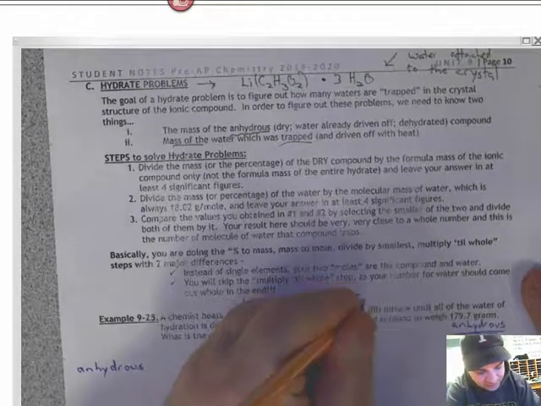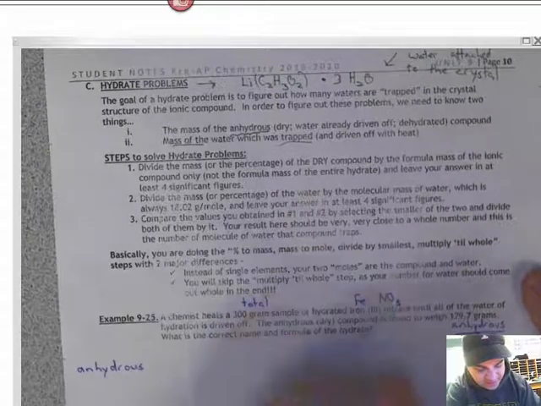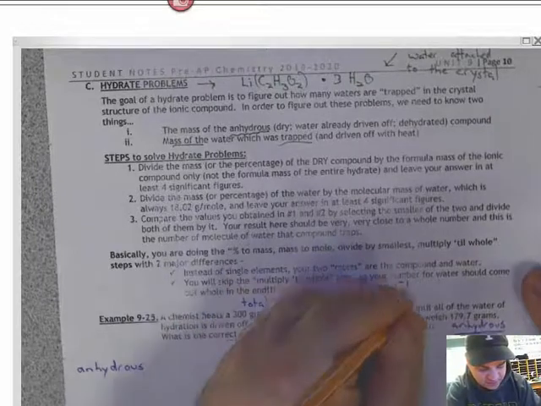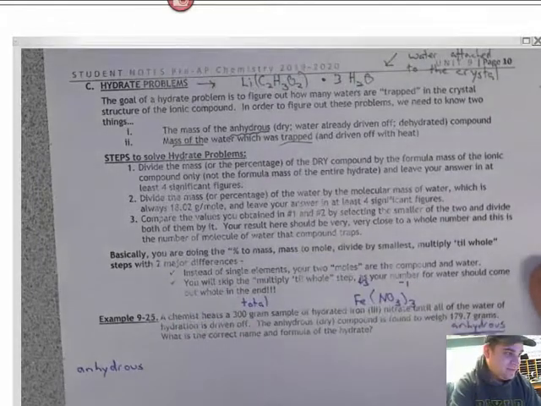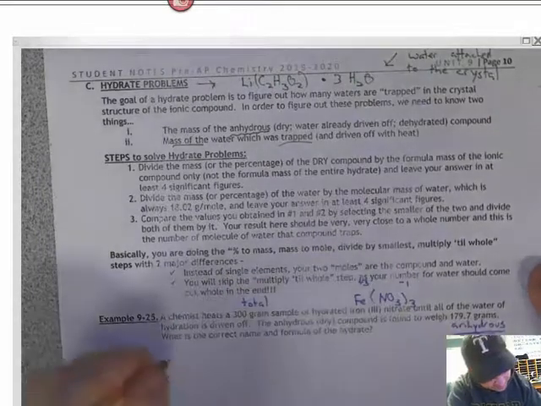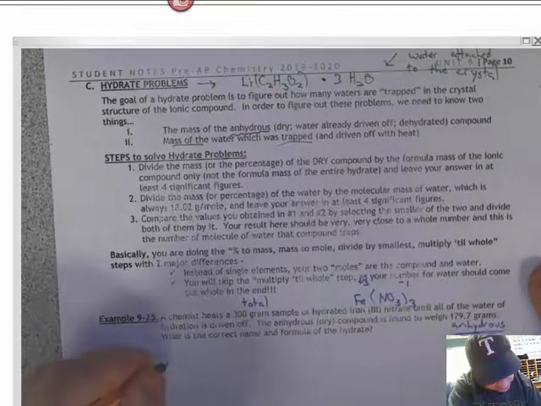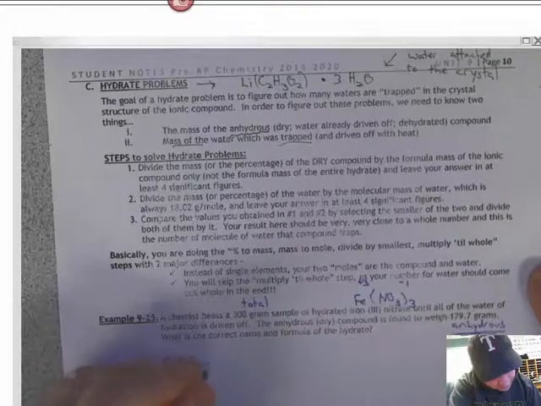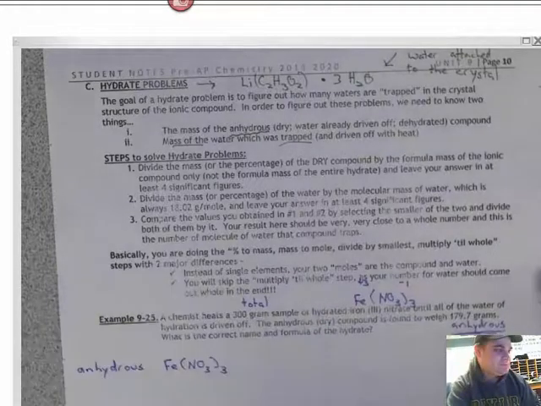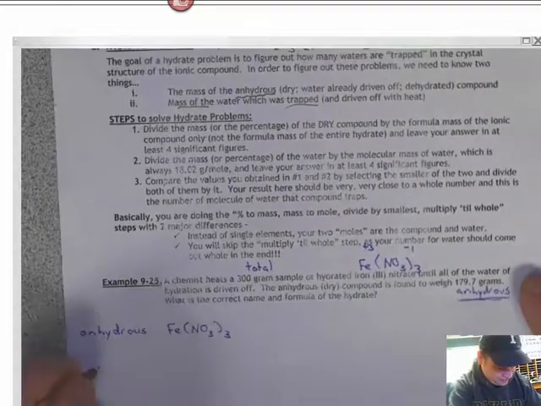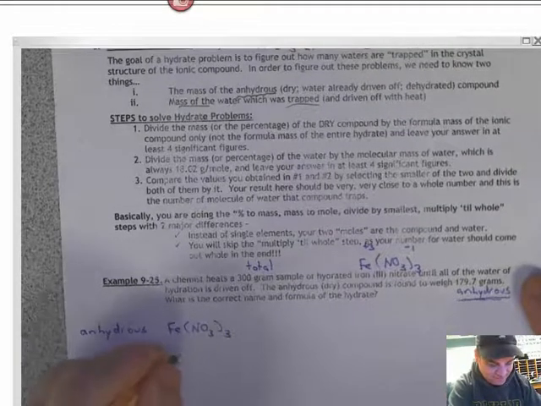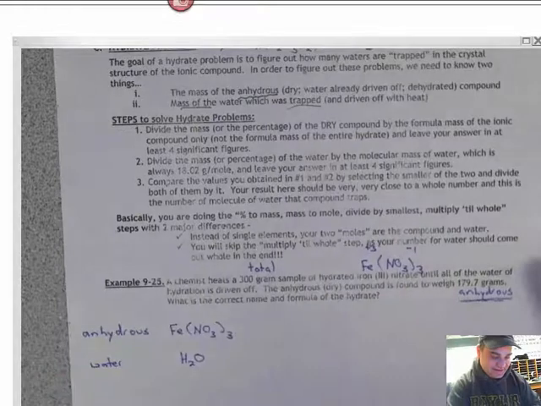Iron is Fe, nitrate is NO3 minus 1, so the 3 goes down here. So our anhydrous here is Fe(NO3)3. Our water is just water.